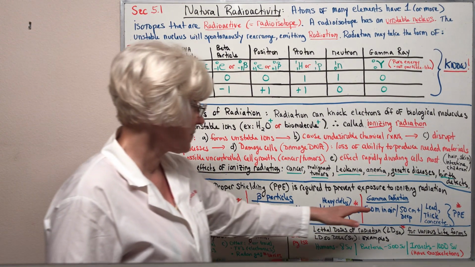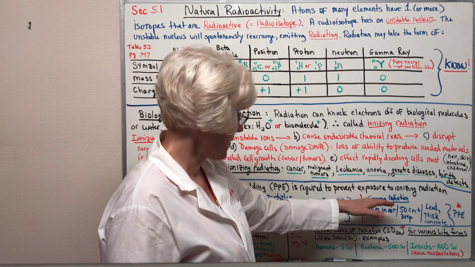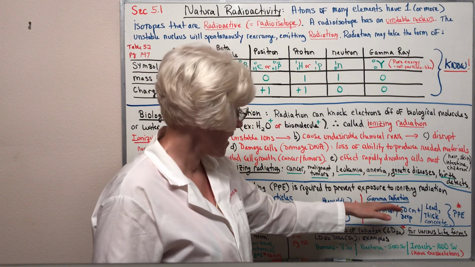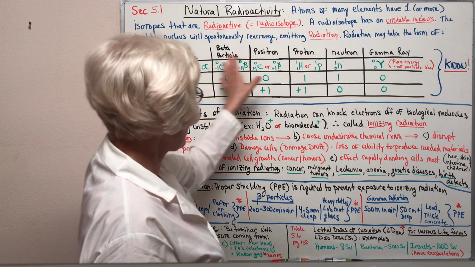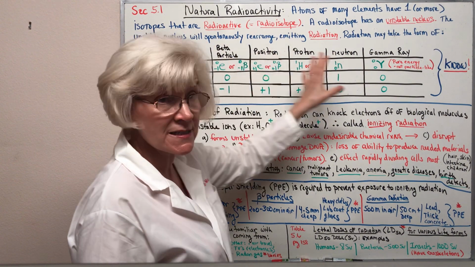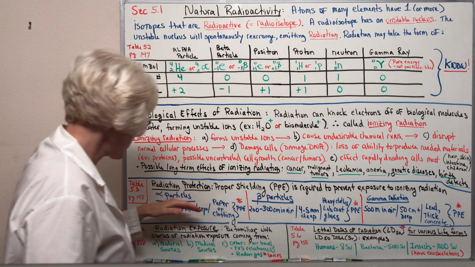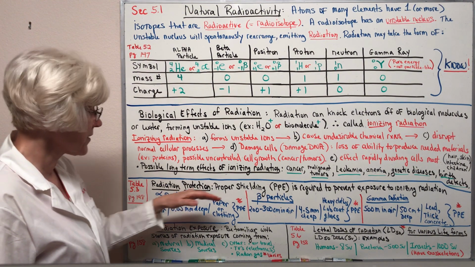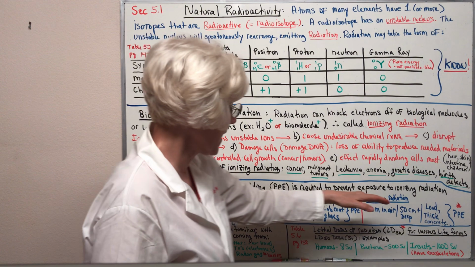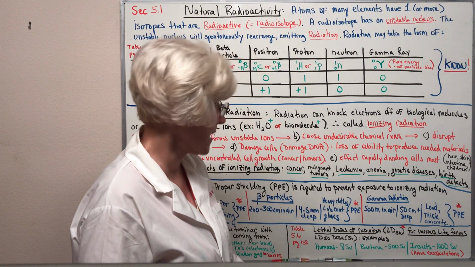The last type of common radiation that we encounter in nuclear changes is gamma radiation. So although there are other types of radiation that we discussed here, the most common that we experience from radioisotopes is alpha particle radiation, beta particle radiation, and gamma radiation.